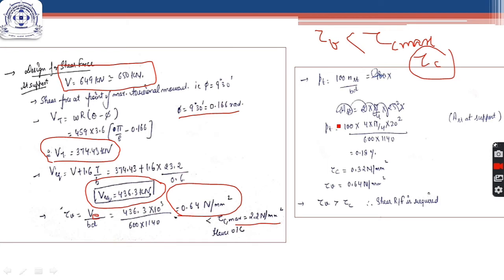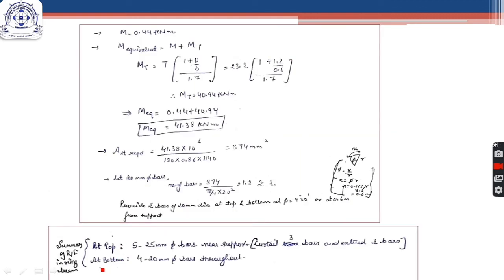So tau c depends on the percentage of reinforcement, main reinforcement, and the grade of concrete. So first we find out the percentage of reinforcement at this particular point. Phi is equal to 9 degree 30 minutes. So you know here from this point that at the bottom portion, which is the tension face, all the reinforcement is 4 number bars of 20 mm diameter.